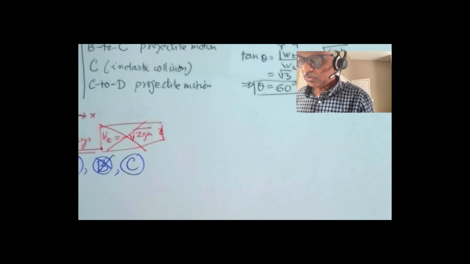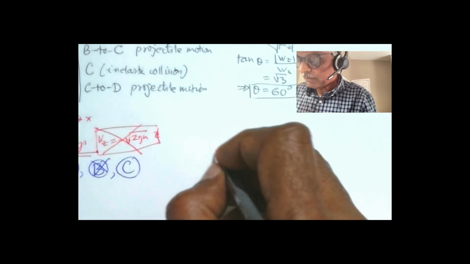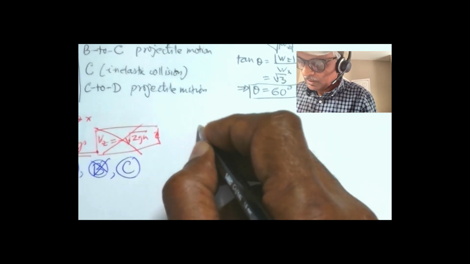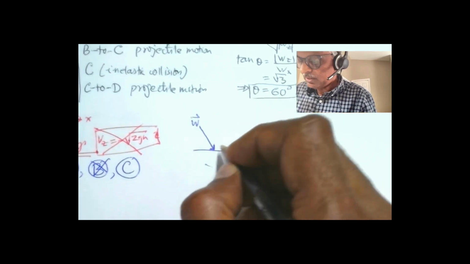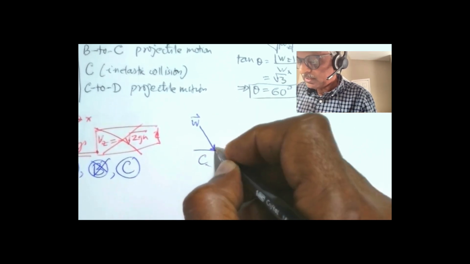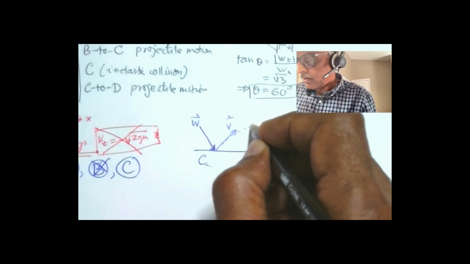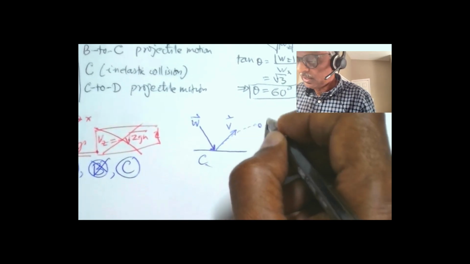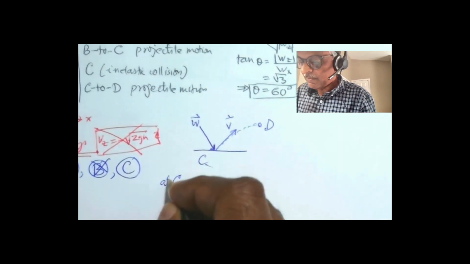So to get D, we came in with a W vector and we bounce back at C in the V direction, and over here is the top of the trajectory. So this is D. So we have to do an analysis of what happened at C.